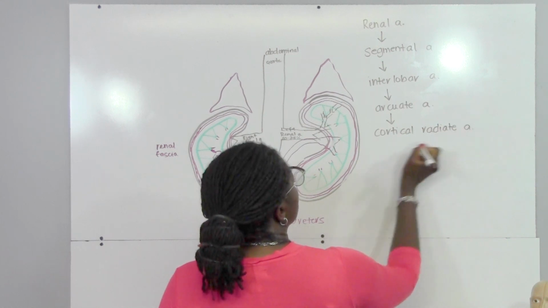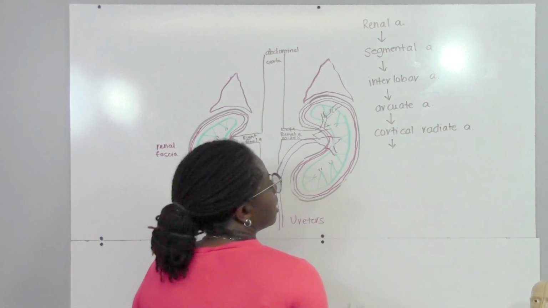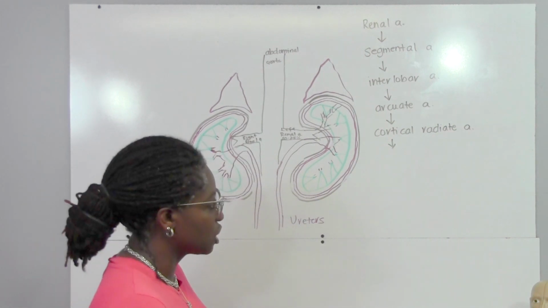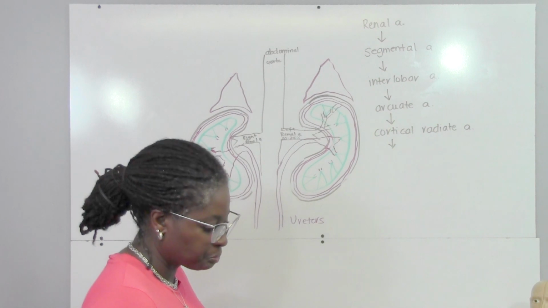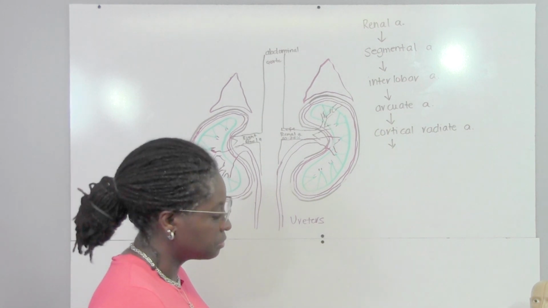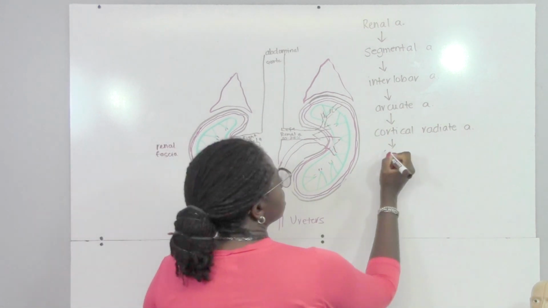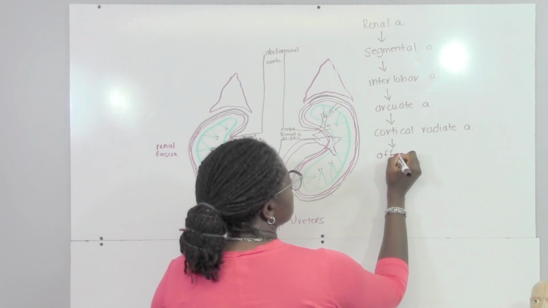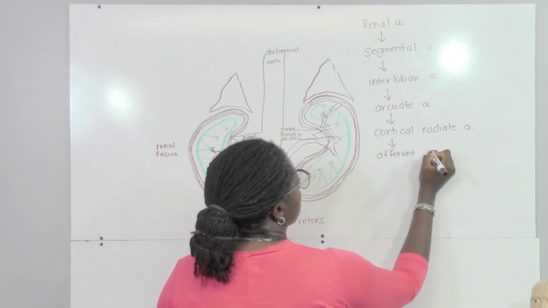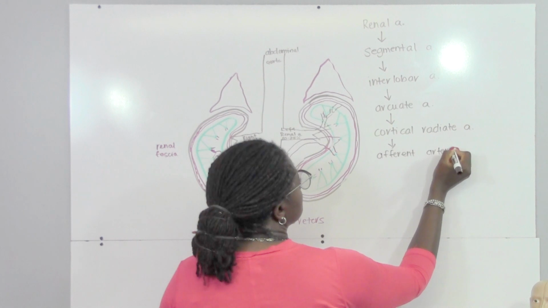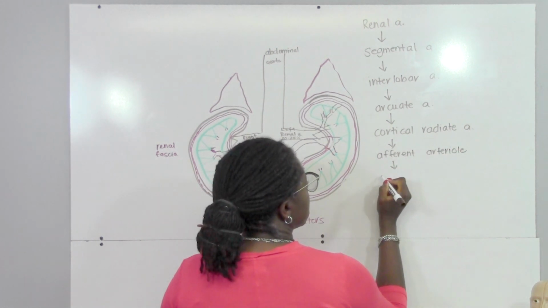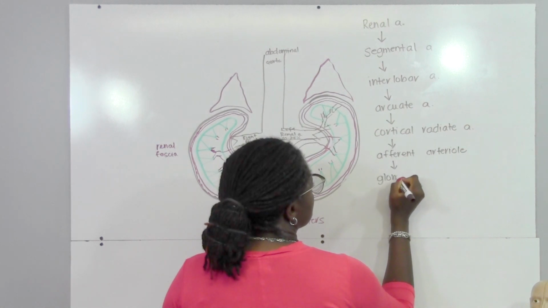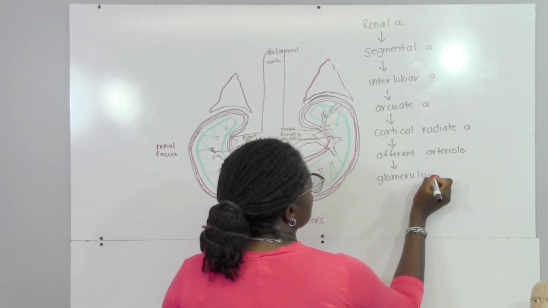The cortical radiate artery is going to branch then into a capillary. So the cortical radiate arterioles will lead into the capillary bed. And so that arteriole is called the afferent arteriole. It will then lead into the glomerulus.